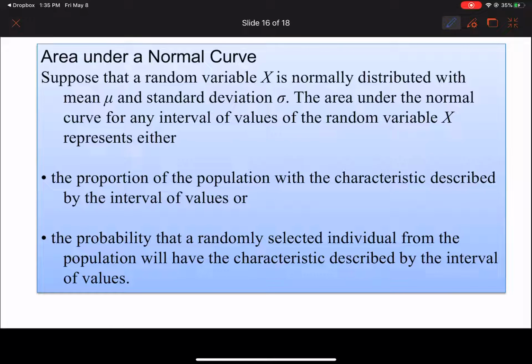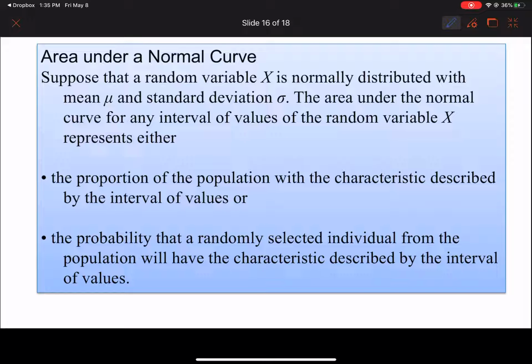So you could either say it is the proportion or it is a probability. It is the same thing. It's basically like the relative frequency and the probability, the proportion, it's the same thing.